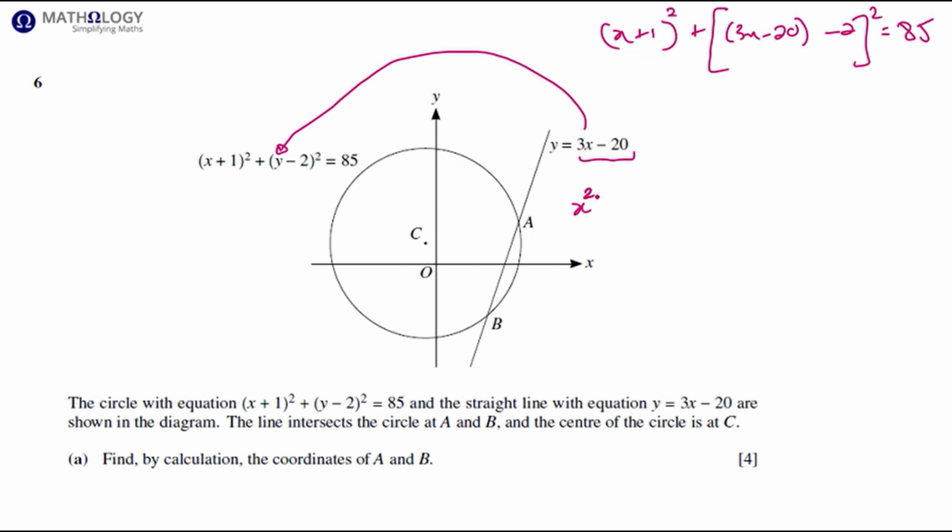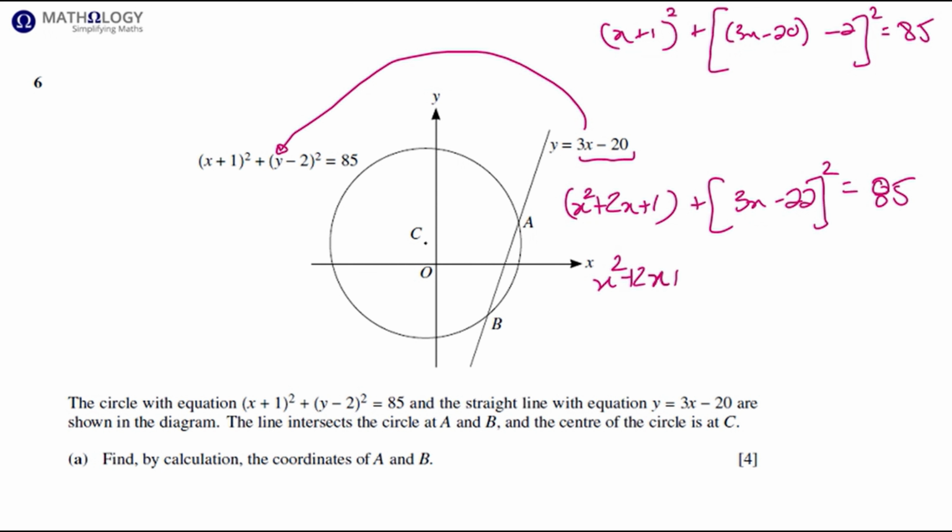So x squared plus 2x plus 1 plus, cleaning this up inside square brackets, 3x minus 22 all squared equals 85.